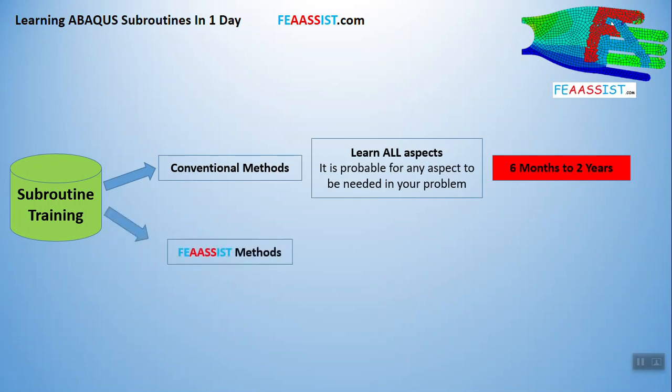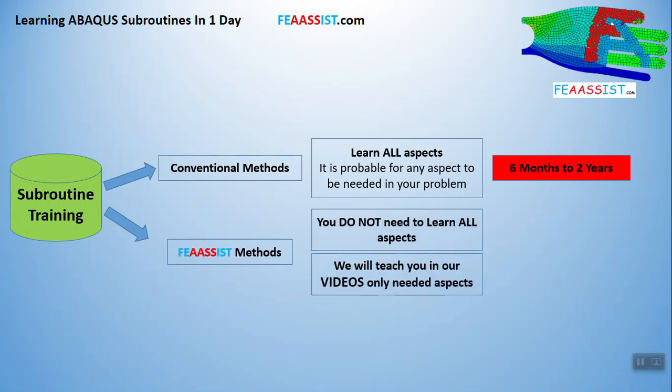But there is another method, which is the Fba Assist method. In this method, we know for your specific problem which aspects you need to learn and which you don't. There are many aspects, from fluid dynamics to solid mechanics to soil dynamics to many aspects in Abacus and subroutines.